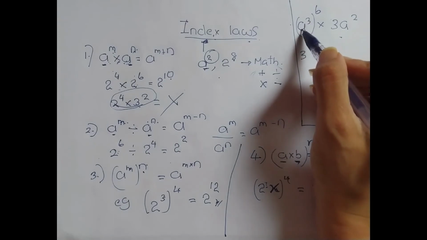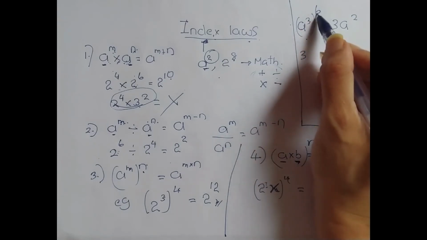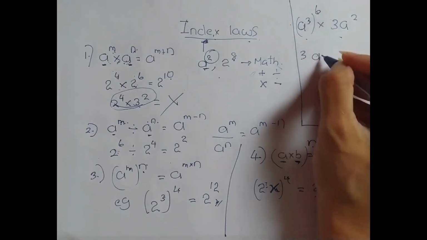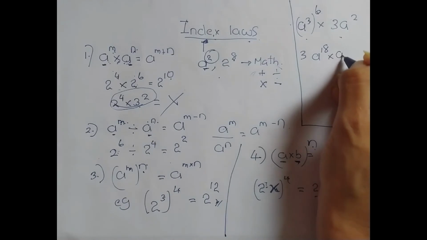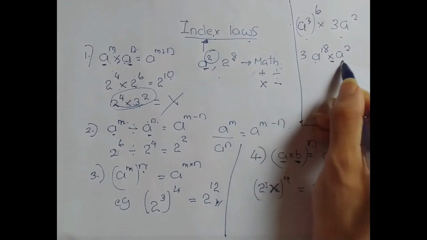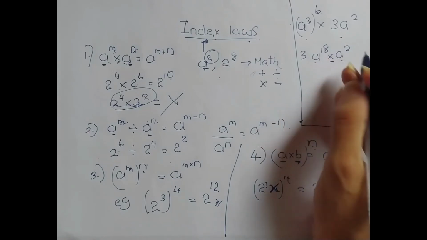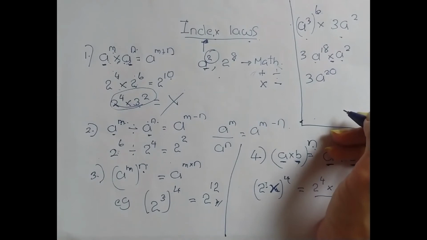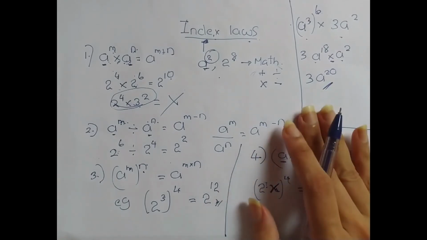This is inside the bracket a to the power 3 and outside the bracket there is a power, so you can multiply this and this. So it will be 3 times 6, 18, into a squared. Now what is this? Multiplication, same base. Then you can add the 2 powers. So 20.